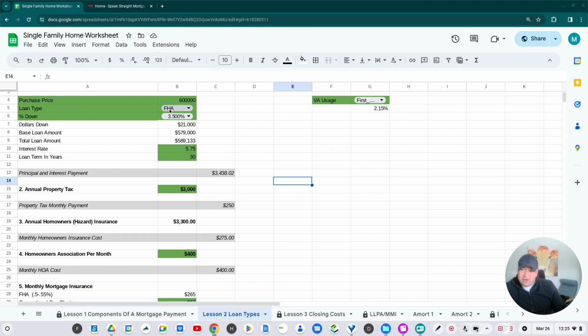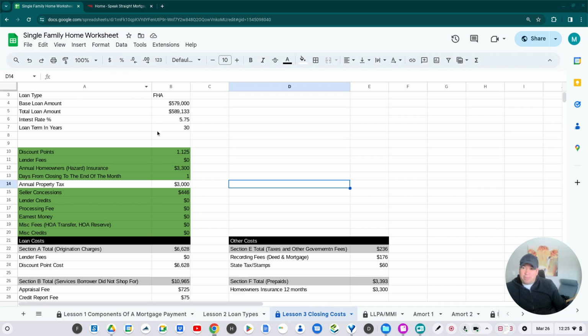In this case, we're using FHA. If you watch lesson 2, you can see the reasons why to pick one or the other, but you can pick whatever you want. In this case, we're doing 3.5% down, a rate of 5.75, and a 30-year term. And you can see that's all auto-populated here into lesson 3 for calculating closing costs.